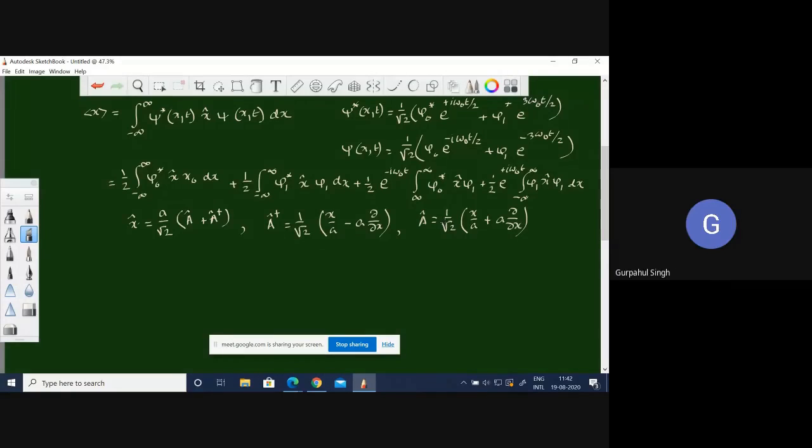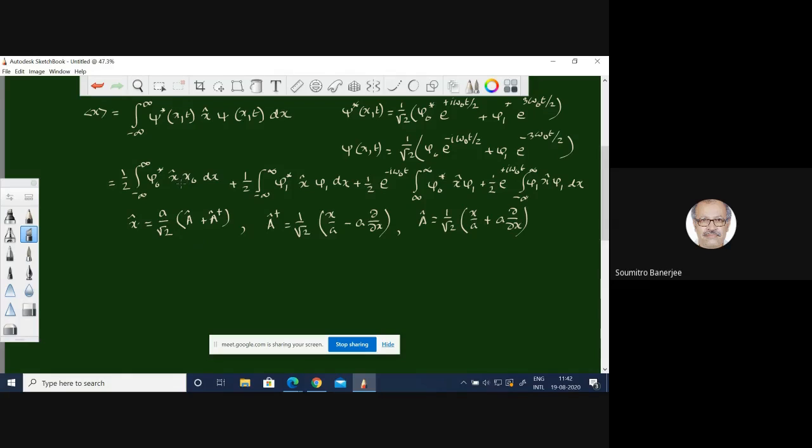The question is that if you know these expressions of a and a dagger, then it's simple to extract the value of x, right? Yes, got it. So if you do extract, then the advantage is that we can put this here, this here.